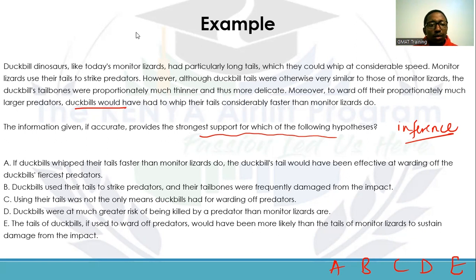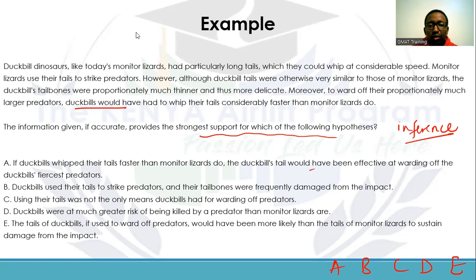So do we have information to support these? We know the passage says that if they were to ward off these larger predators, they would have to whip their tails considerably faster. But we do not know for sure if they whipped this tail fast, would it be able to ward off these fiercest predators? What if this predator is faster than the duck bill can whip the tail?